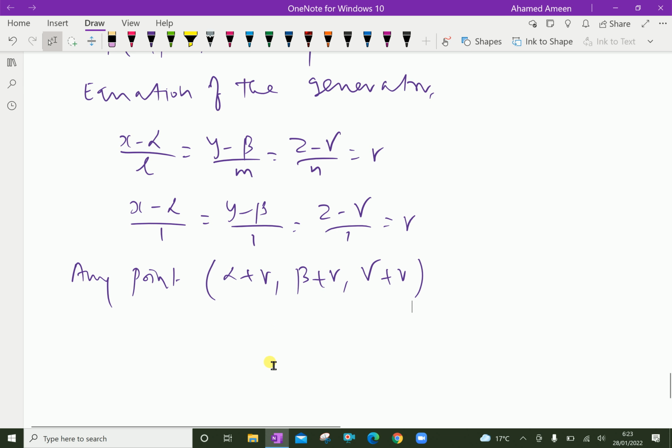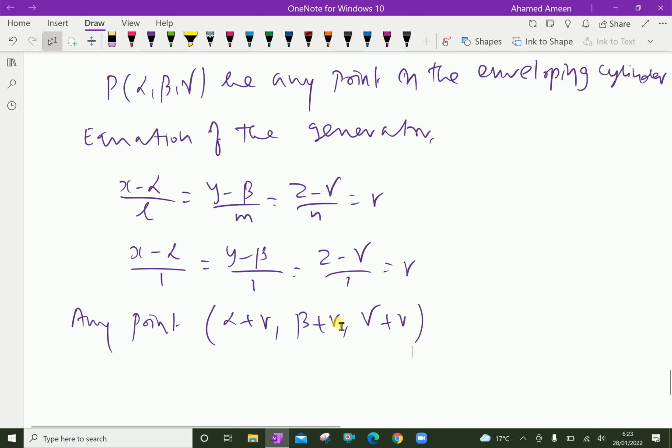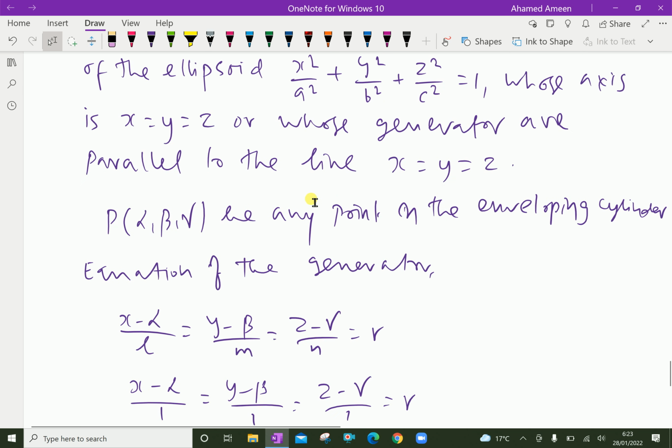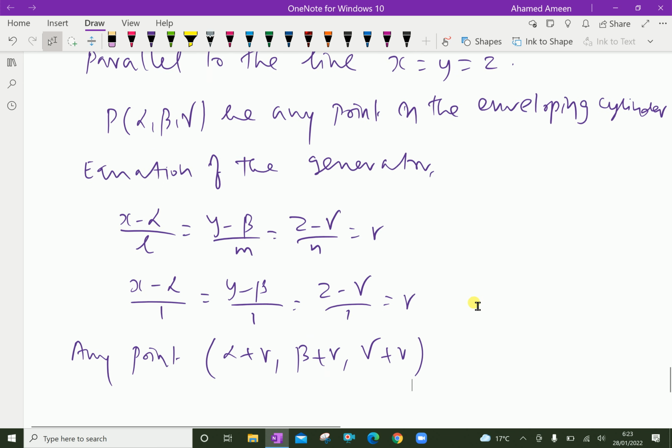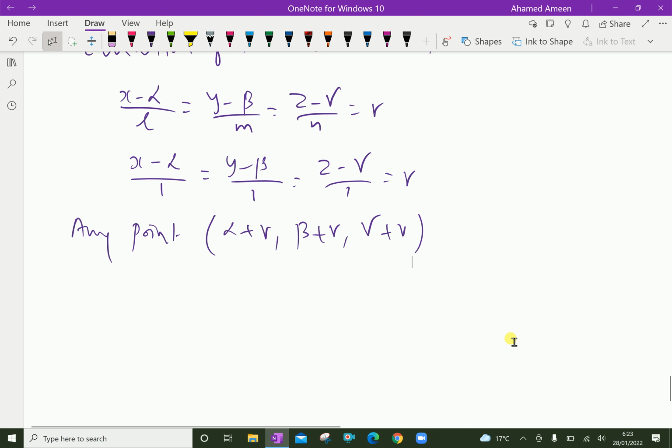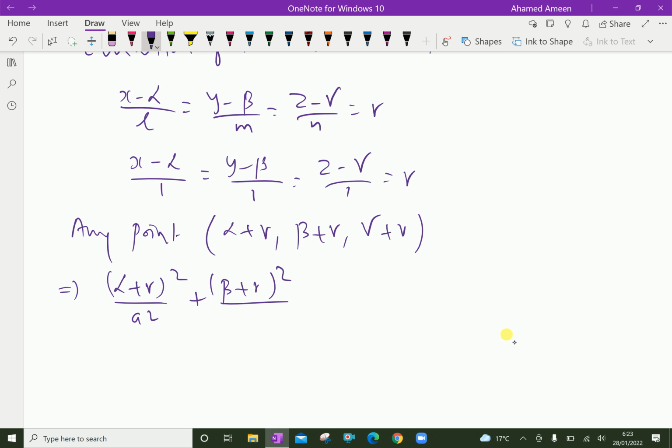Now this point lies on the given ellipsoid, so we substitute it. Therefore (alpha plus r) whole squared over a squared plus (beta plus r) whole squared over b squared plus (gamma plus r) squared over c squared equals 1.